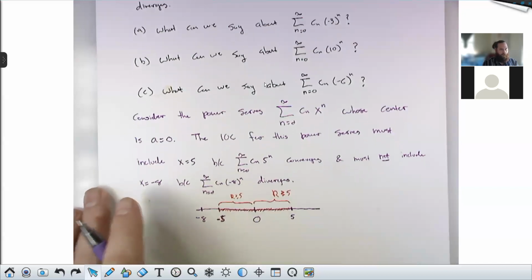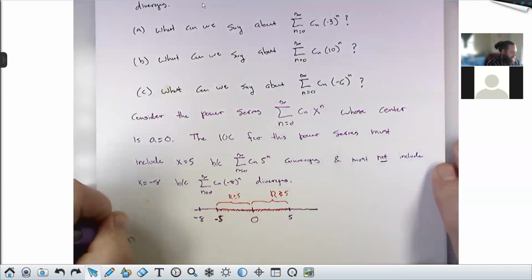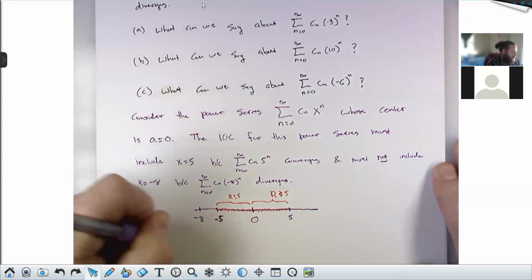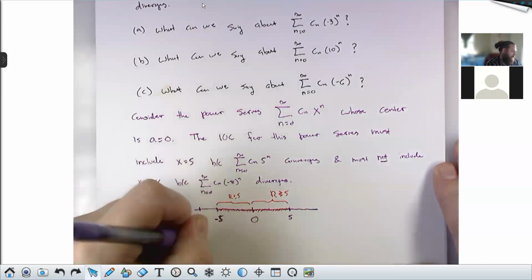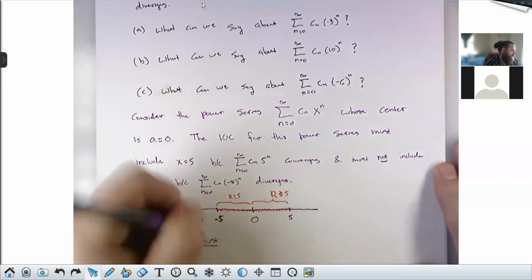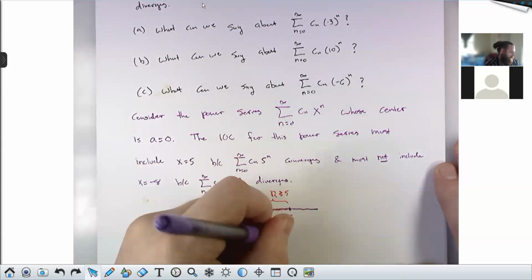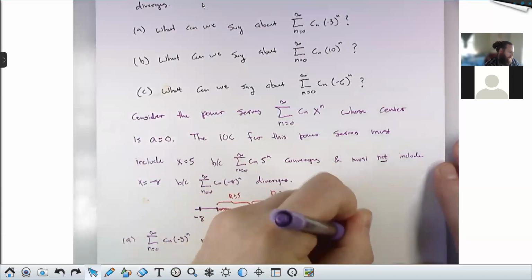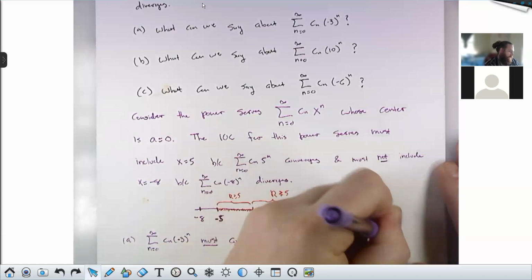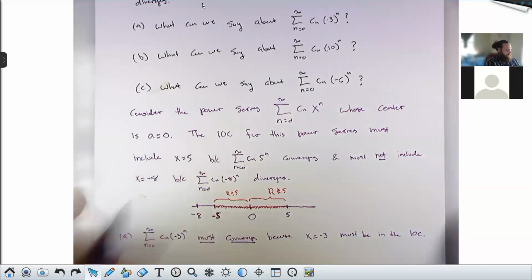Yes, I know that this first series, the sum from 0 to infinity of Cn times -3 to the n, must converge. Because x equals -3 must be in the IOC. -3 is right here.